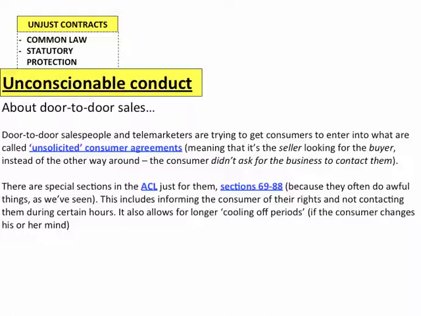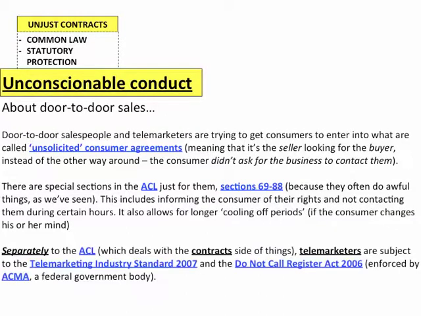So separately to the ACL, which deals with the contract side of things, telemarketers have the telemarketing industry standard, and there's also the Do Not Call Register, right? These are things that have been either created by the industry or passed by Parliament.